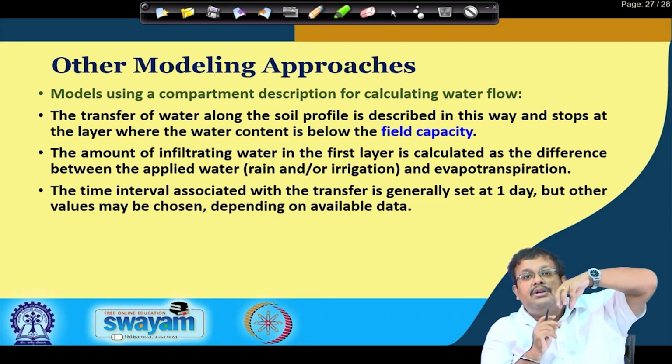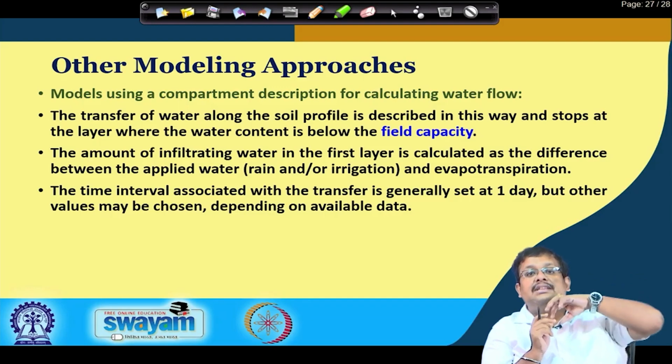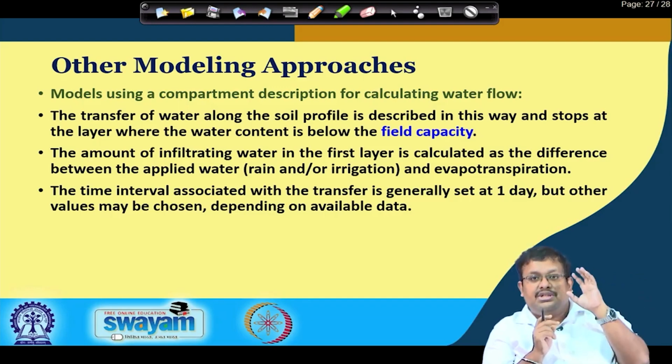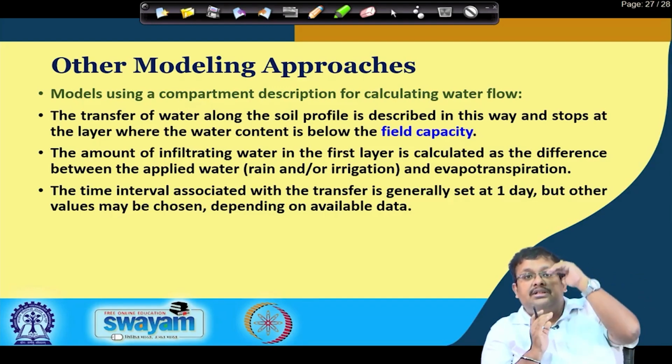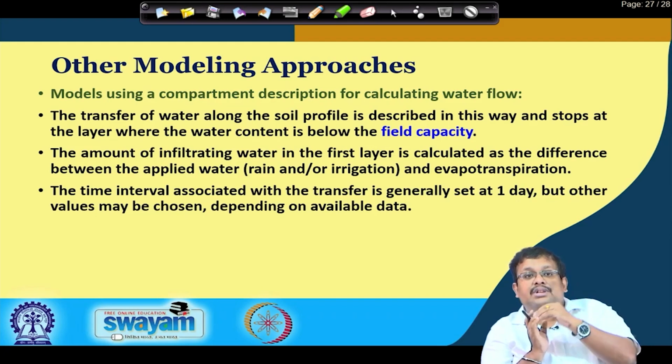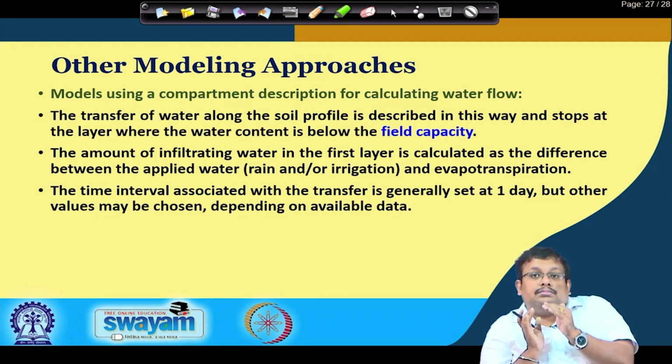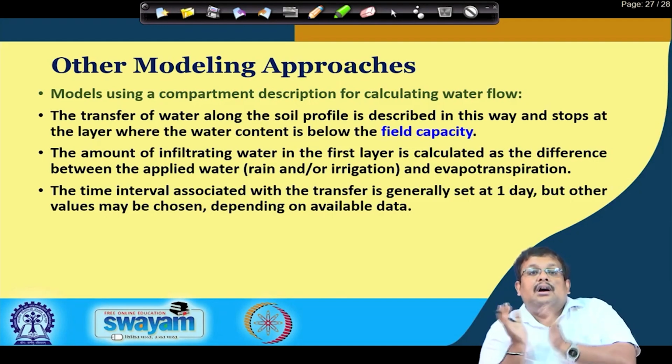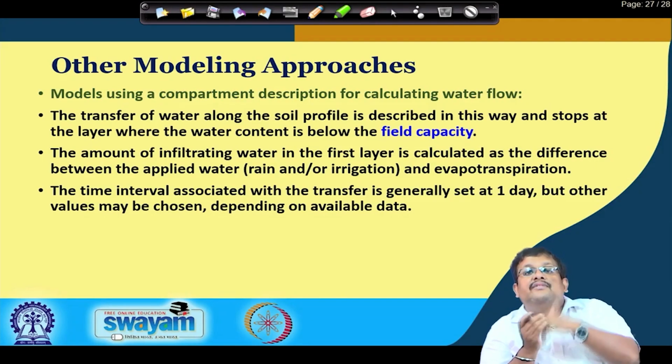So, here the input is rain or irrigation and the output is evapotranspiration. The difference between the supplied water and the evapotranspiration is calculated to see the amount of infiltrating water.